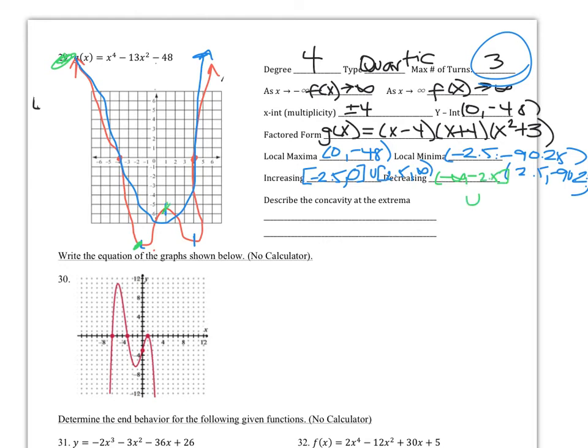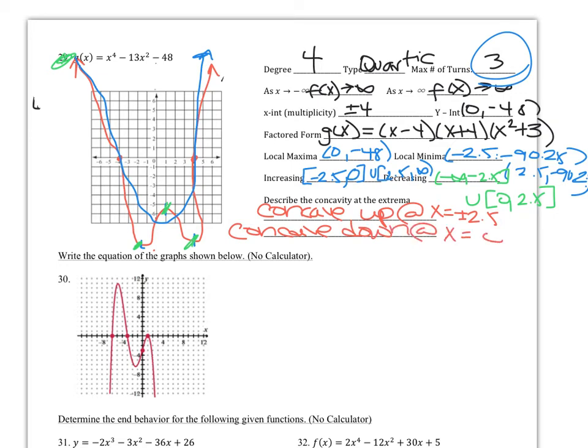And it's also decreasing from 0 to 2.5. It is concave up at x equals plus or minus 2.5, and it's concave down at x equals 0.